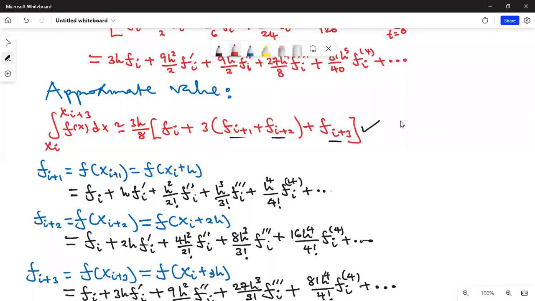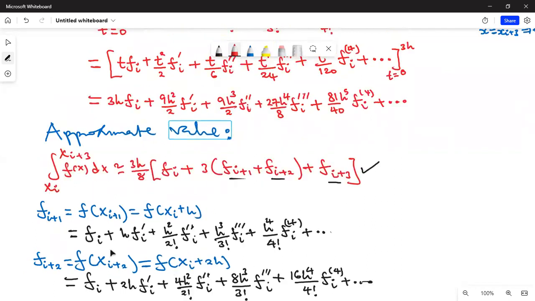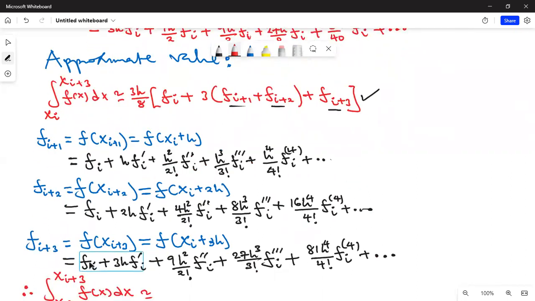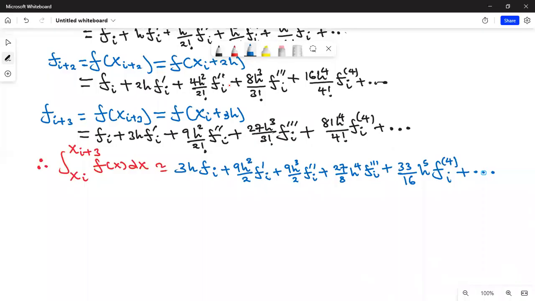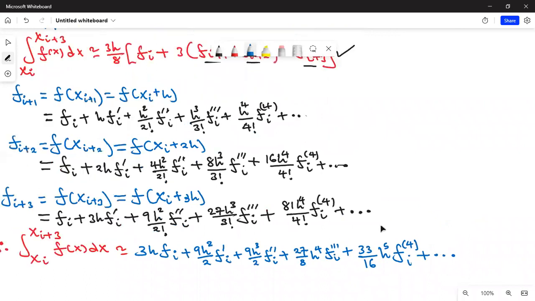And remember something that I've not explained here. It is f i. When we get to this, it is now 3 times the whole of f i plus 1. So we have f i plus 3, that is now 4 plus another 3 here. That is 7. Then plus this other one is 8. Or alternatively, just substitute everything and then open the bracket. You will see how those terms are cancelling out. So upon simplification, this is what we need to get as our approximate value of the integral.